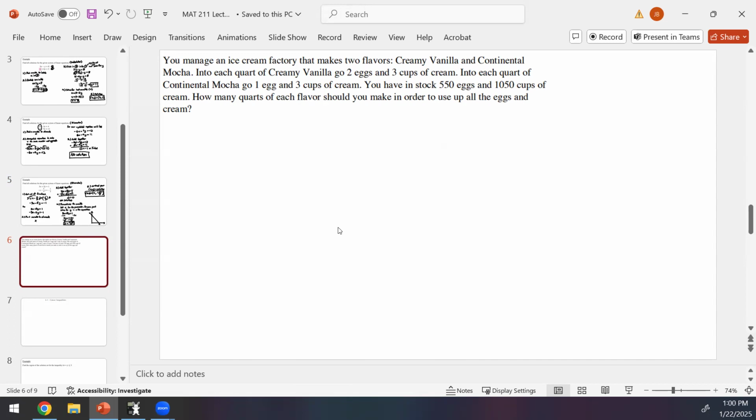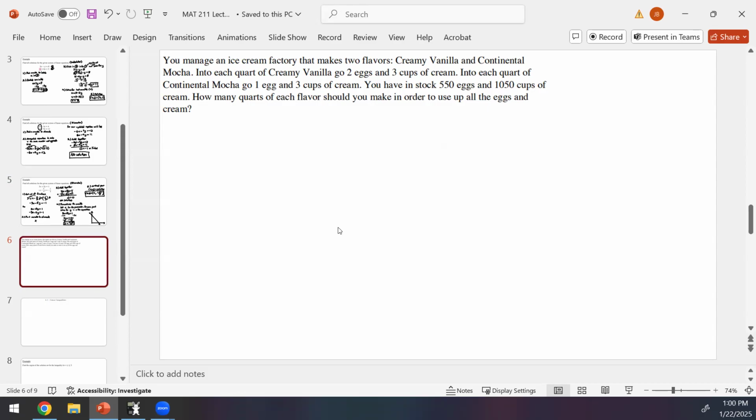When it comes to word problems such as this, the most challenging part is making sure you have the right variables. The first time you read this, you might think the variable is something that it's not supposed to be. My first instinct is that the variables are going to be the eggs and the cups of cream.